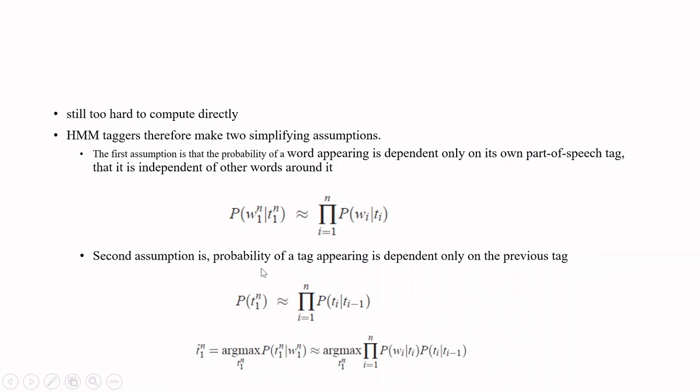That is, T1 raised to n can be written as probability of T1 given T0 into probability of T2 given T1, and so on. Okay, so equation 1, which is like this, can be approximated this way. That is, these two products can be combined to form like this.